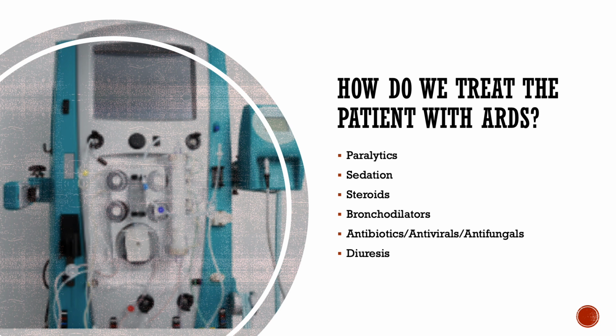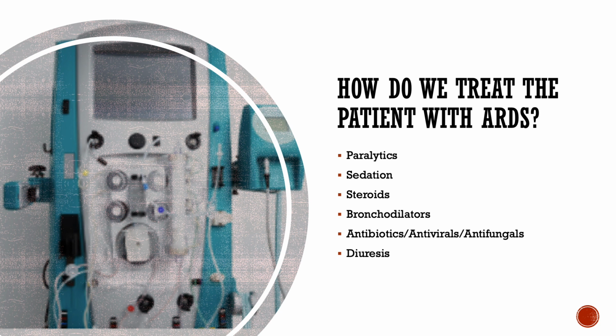So paralyzing this patient along with sedation is key. And I recommend not doing paralytics if you can get away with it. But if you have to use paralytics to help compliance and oxygenation, then you have to do it. Proper sedation for blood pressure management and to make sure the patient doesn't remember all the processes that you're performing.